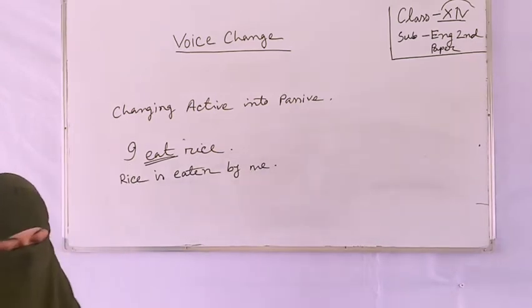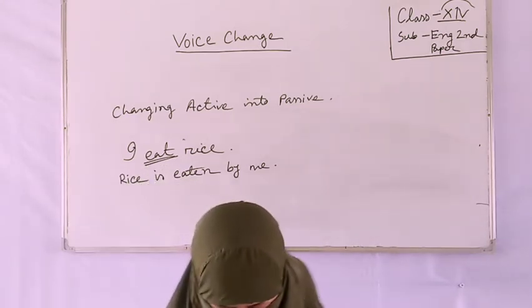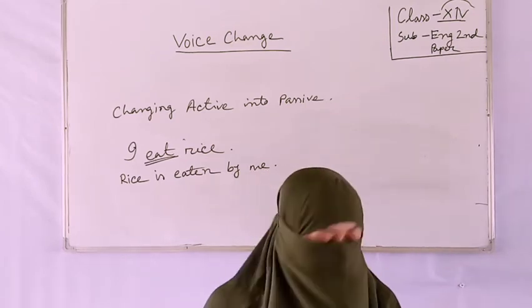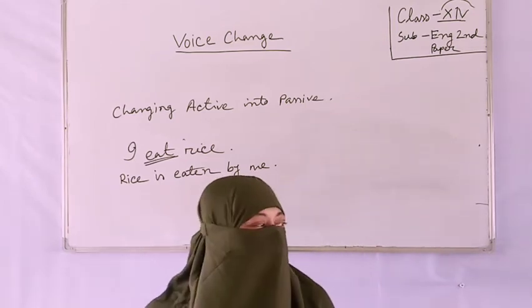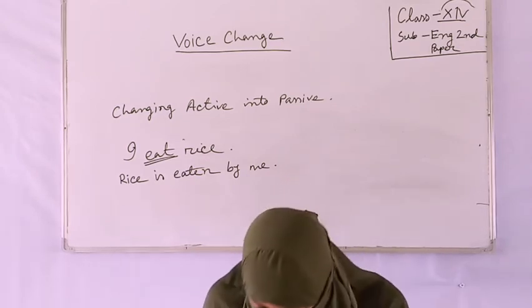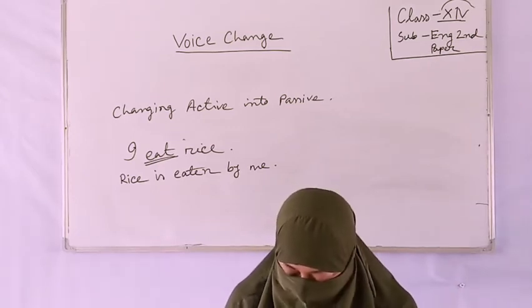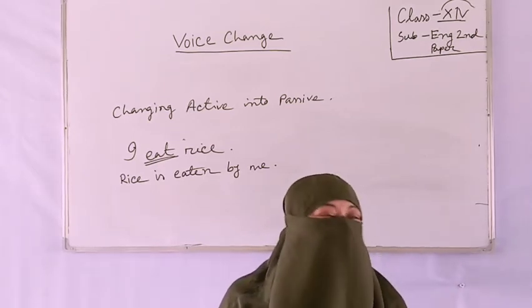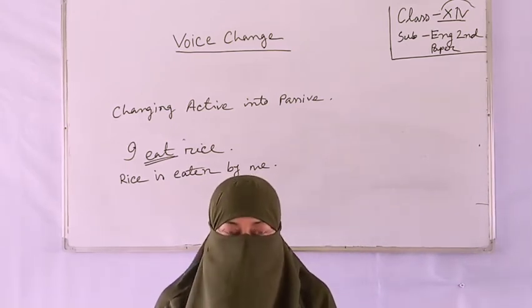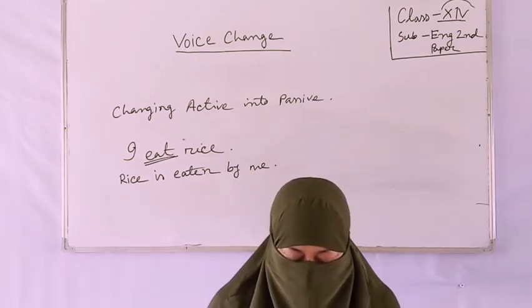Rule number 4. There are some verbs with two objects. In such cases, either of the objects, particularly the personal object, can be changed into the subject and the other is retained as an object. And this object is called retained object.